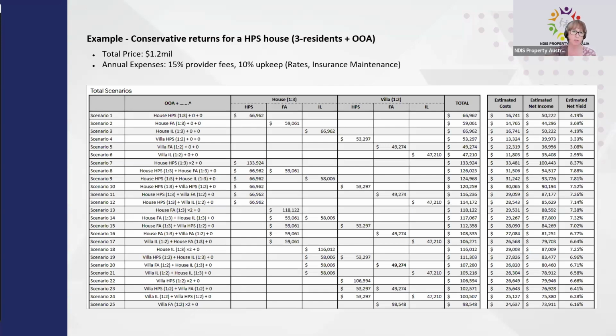And less will have the funding for a 3-resident house. That is going to be the majority of HPS funded participants probably, but to get 3 of them in one property is very unlikely, unless your property is in a high demand area where there's no other properties.